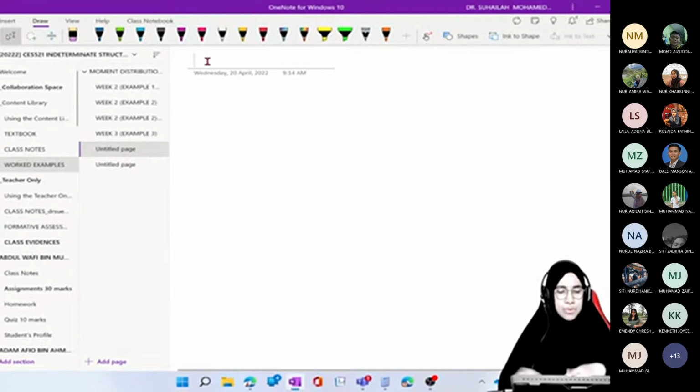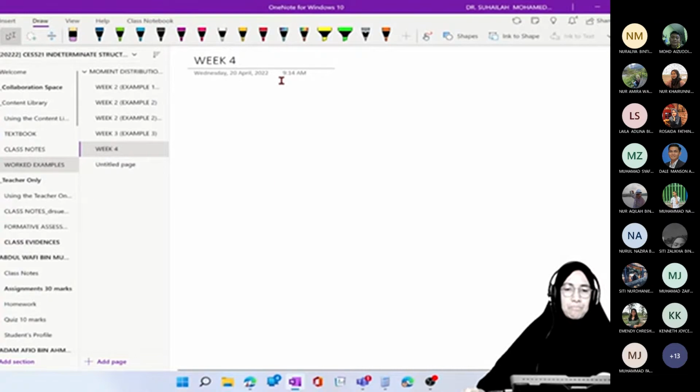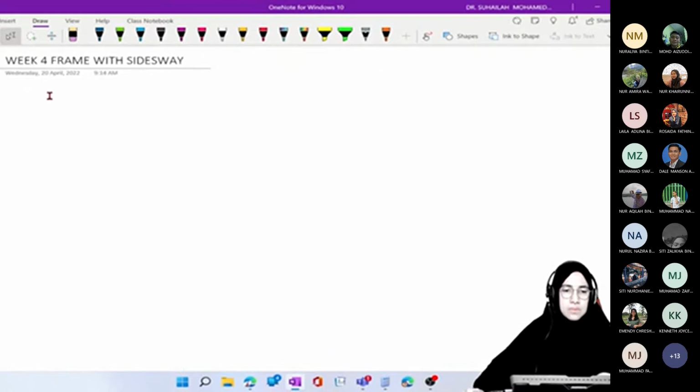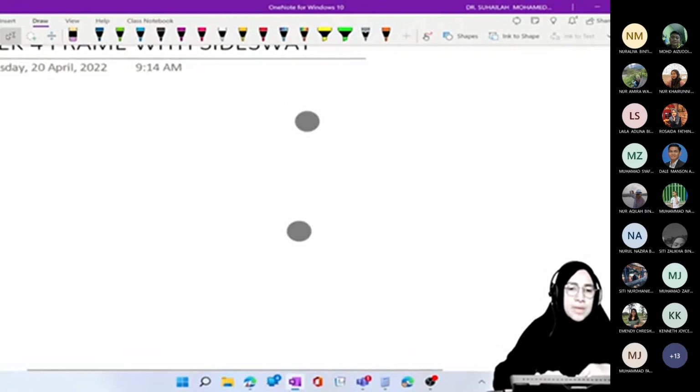So this is week 4, frame with side sway. Okay, frame with side sway. So create another one lah. Okay, ni.